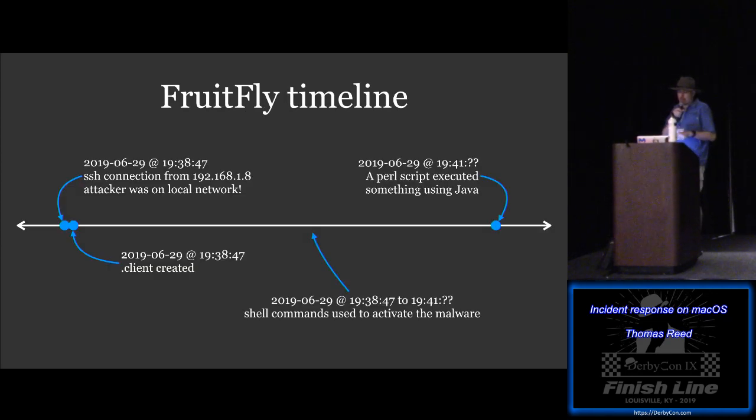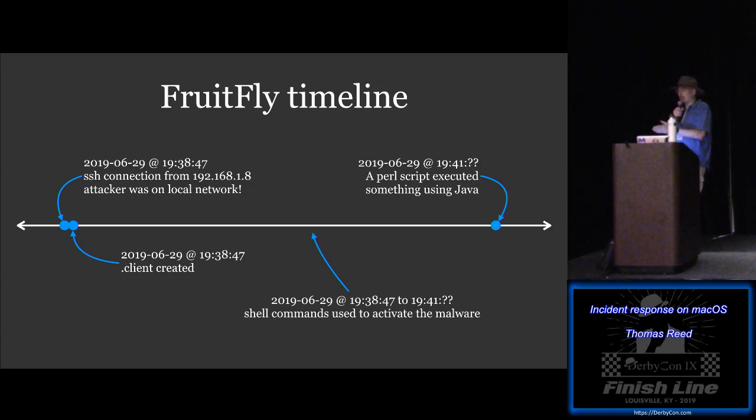If we look at the timeline here, it's pretty simple. We see there was an SSH connection at a particular time. You see that shortly after that, the .client file was created. You'll see there was this interval of time during which all those commands were being executed, trying to get .client loaded and running persistently on the system.